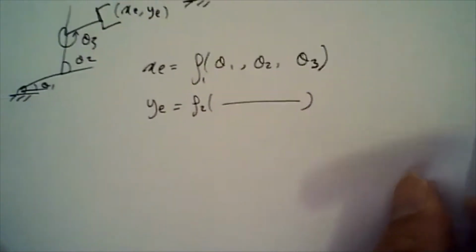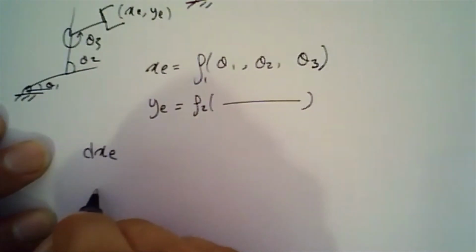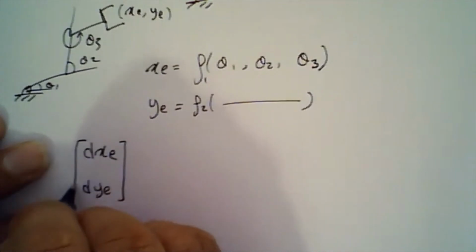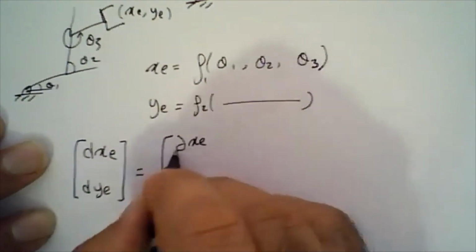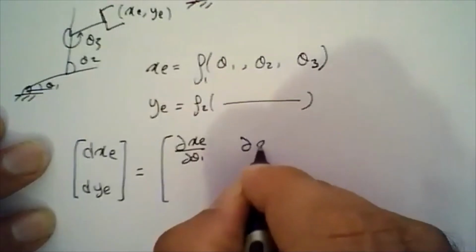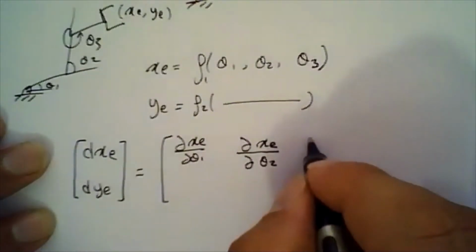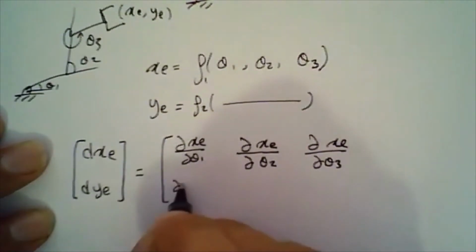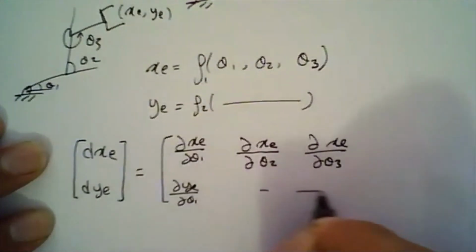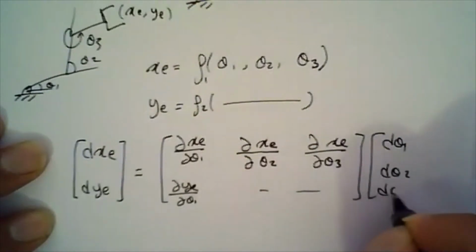So now, if I want to write my Jacobian, I'm going to end up with what? dxe and dye is equal to what? dxe d theta 1, d theta 2, d theta 3, and this is dye d theta 1, etc., multiplied by d theta 1, d theta 2, d theta 3.